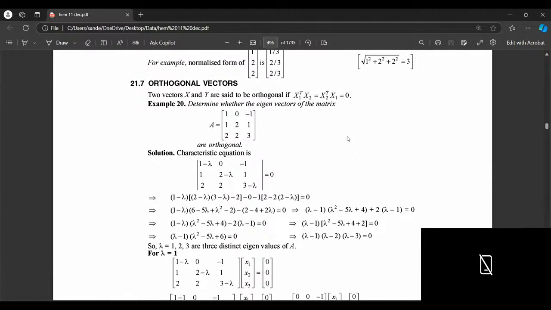So we can expand this determinant: 1 minus lambda into the minor of this 1 minus lambda, which is 2 minus lambda into 3 minus lambda minus 2, then minus 0, then minus 1 into 2 minus 2 into 2 minus lambda.